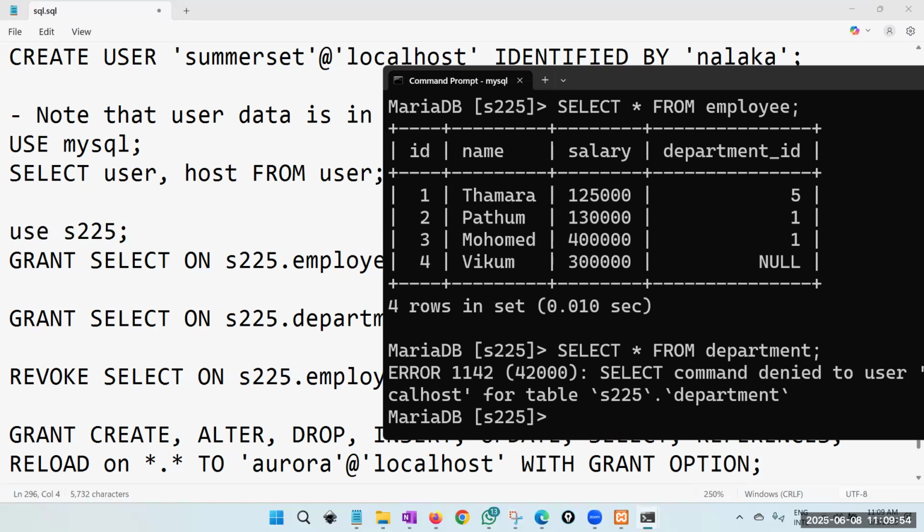But it says, there's nothing called department for you. Security. And not only that, you can do select on employee, but you can't do insert, update, delete. If you try to delete, right? Say delete from employee where ID equal 4.